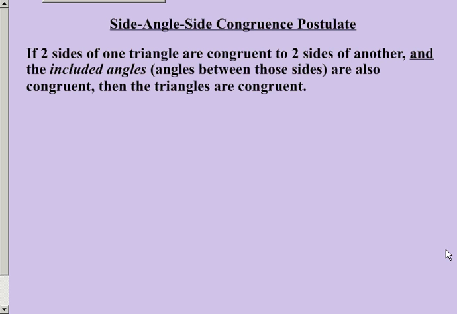Again, the included angles are the angles that are caught between those two sides, the angles that are formed by the joining of those two sides. If they are also congruent, then your triangles are congruent.